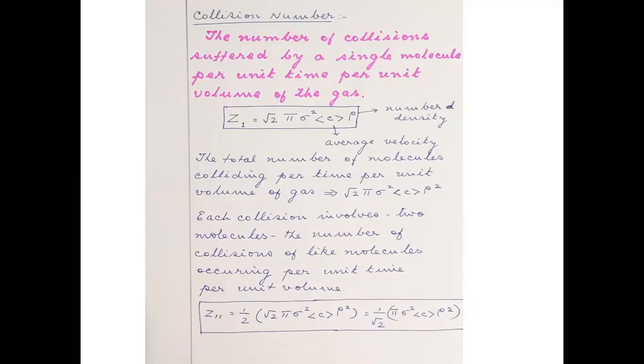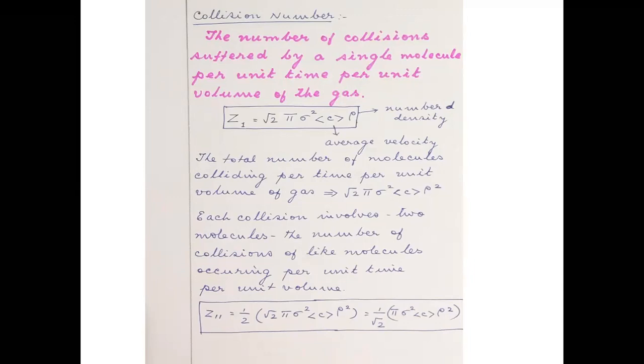It is the number of collisions suffered by a single molecule per unit time per unit volume of the gas. Suppose I take 1 liter of the gas, in 1 second, what is the number of collisions experienced by one molecule? It is called the collision number.